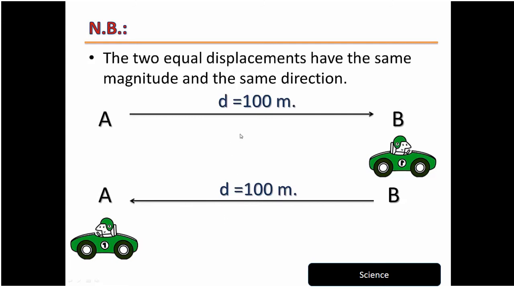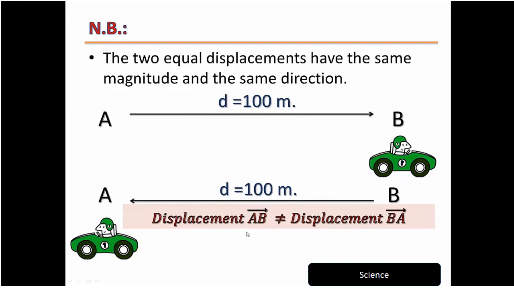Are the two displacements equal to each other? The answer is no. The first displacement is from A to B in AB direction, while the second displacement is from B to A, in the direction of BA. For two displacements to be equal, they must have the same magnitude and the same direction as well.